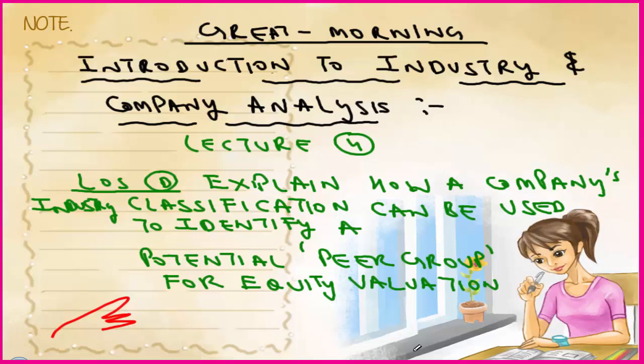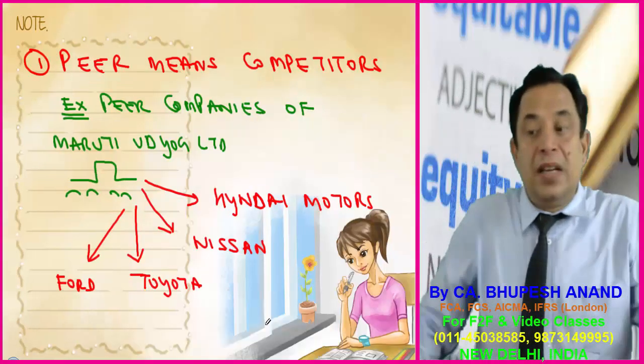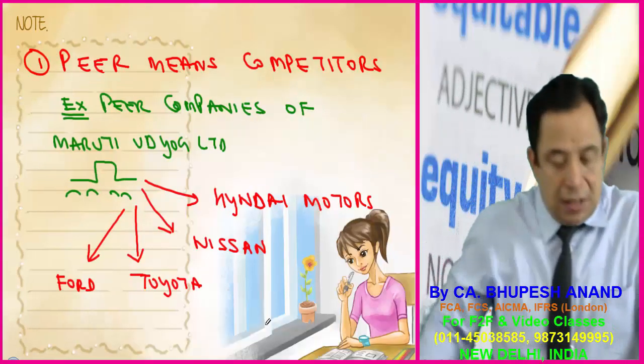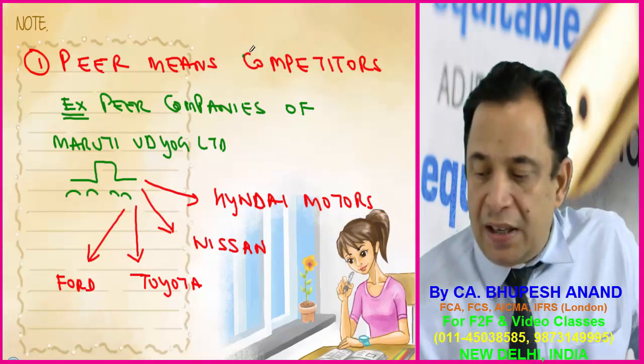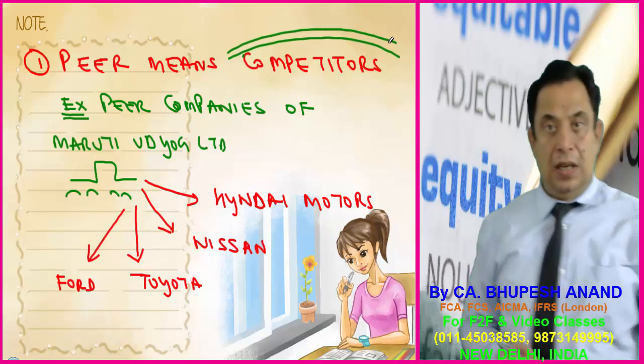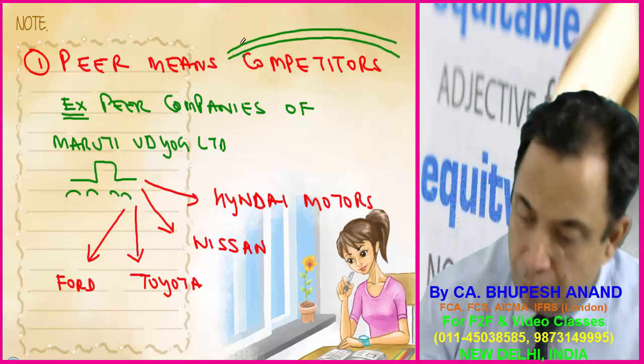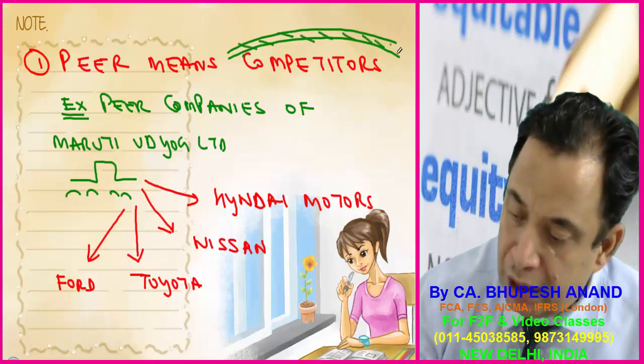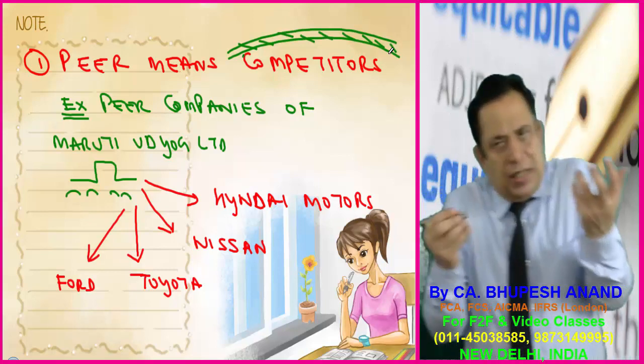All that is named as peer. So how will company industry classification be helpful in peer equity valuation? The first point is peer means competitors. Peer companies of Maruti Udyog Limited, for example, just for explanation.